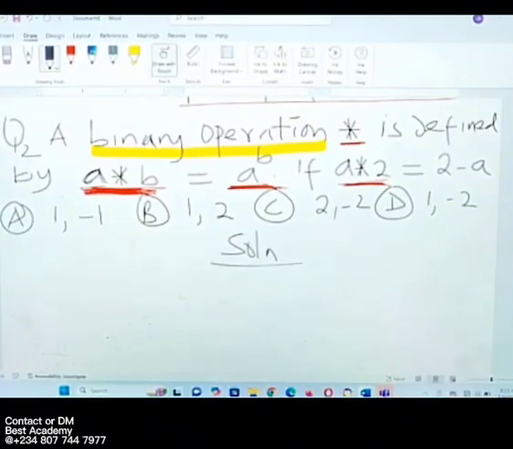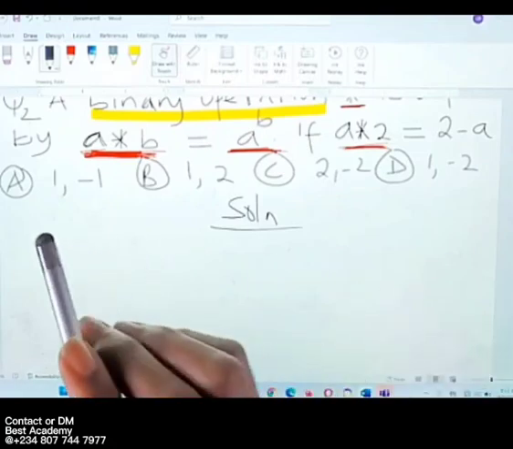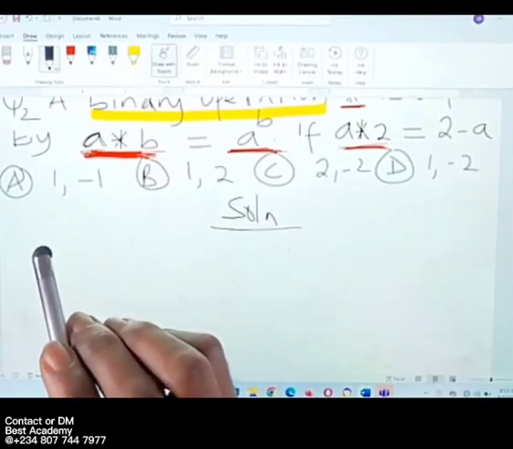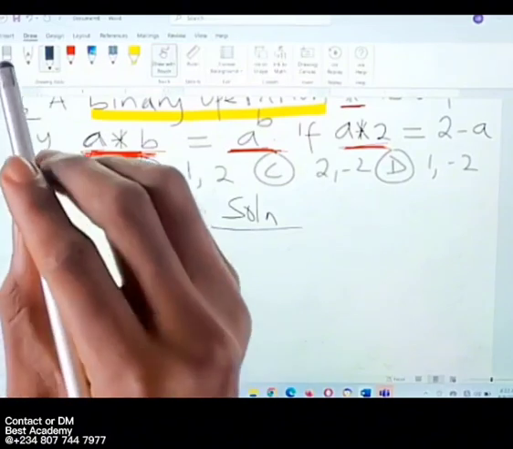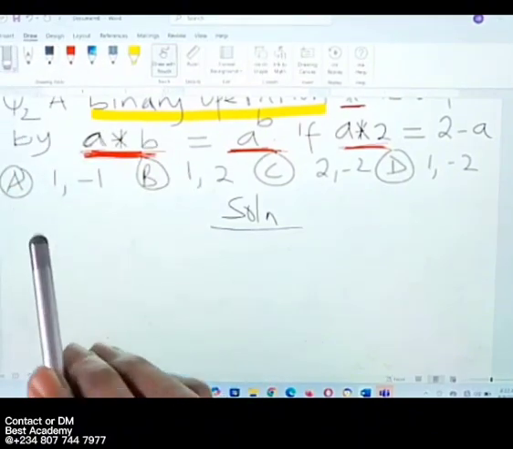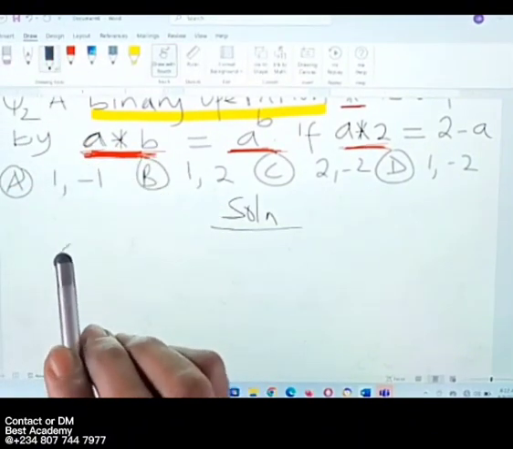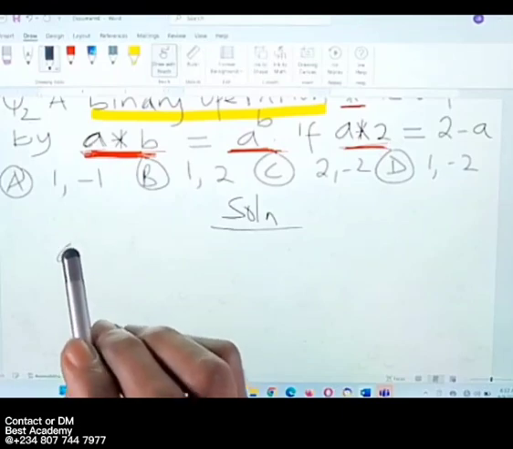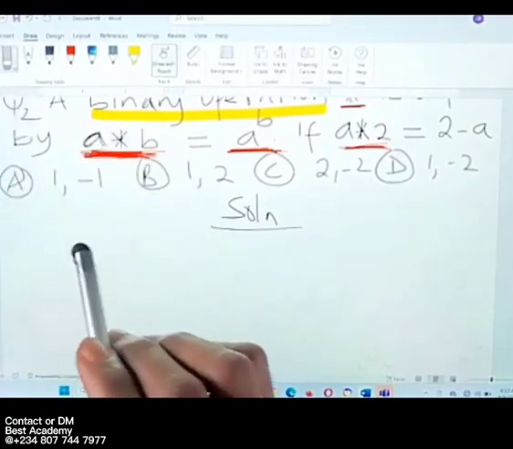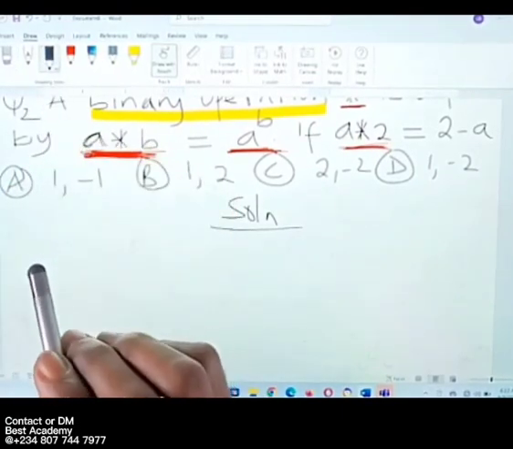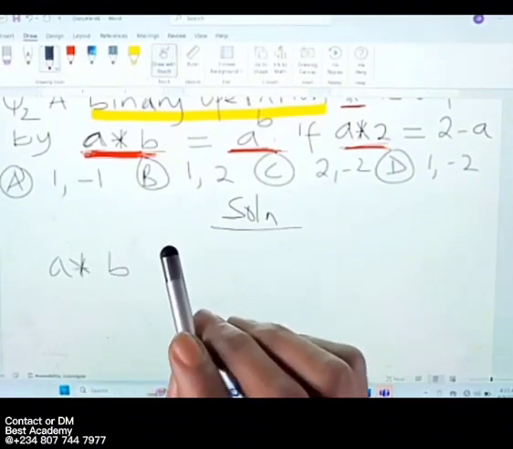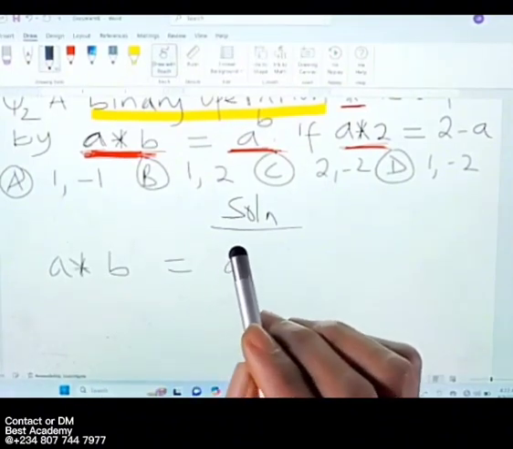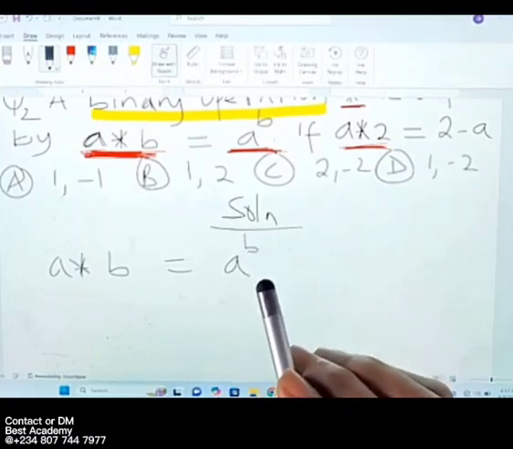Now I have the question to be A asterisk B is equal to AB.